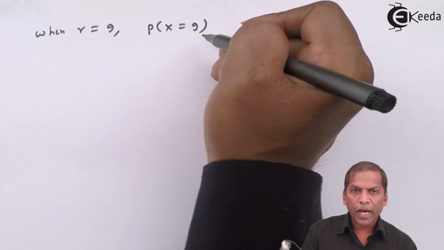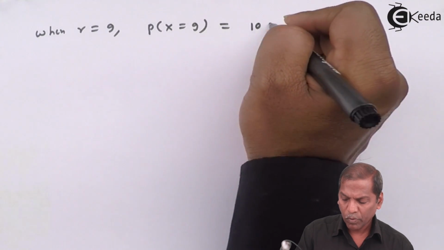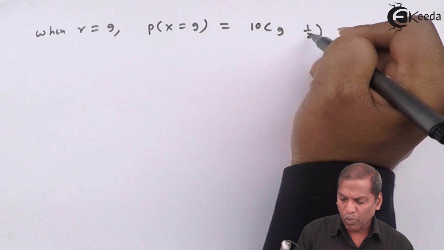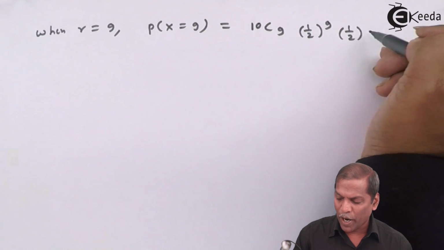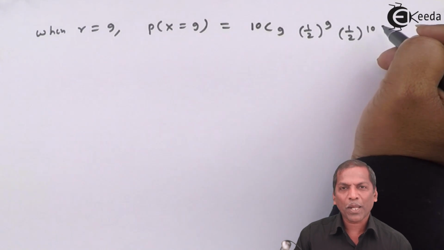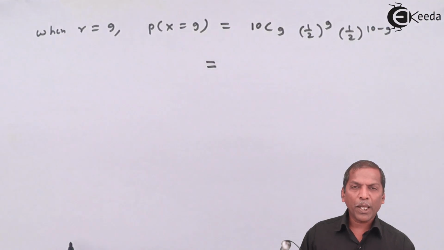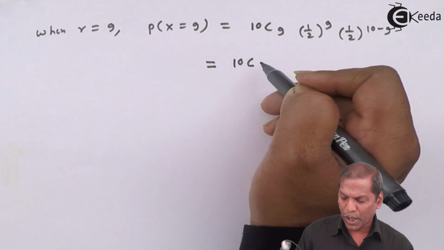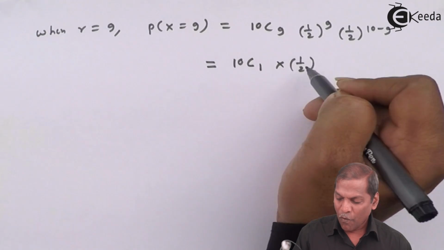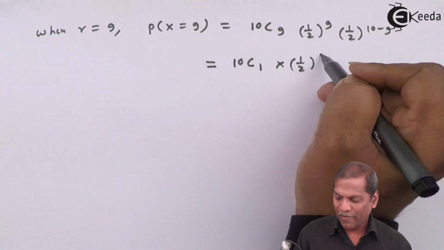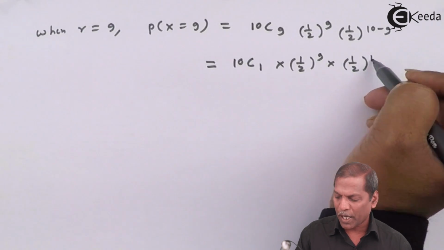So probability x equal to 9 is equal to 10C9 into 1 by 2 raised 9 into 1 by 2 raised 10 minus 9. So that equal to, now 10C9 is the same as 10C(10 minus 9), we get 1 into 1 upon 2 raised 9 into 1 upon 2 raised 10 minus 9, which gives 1.